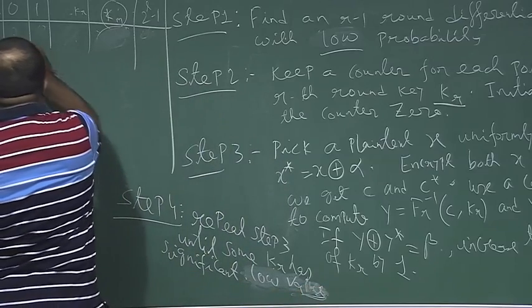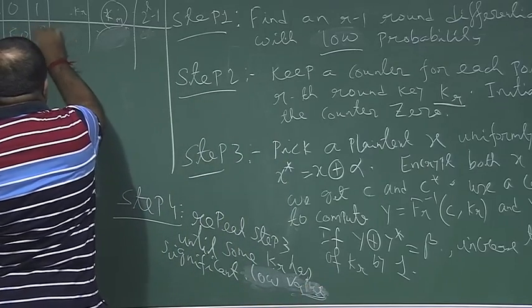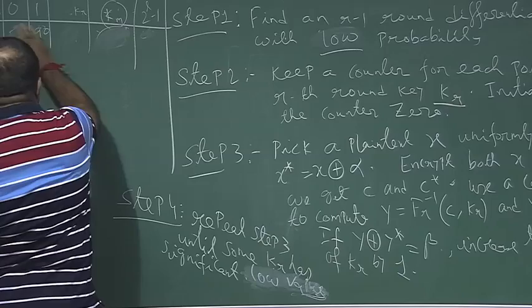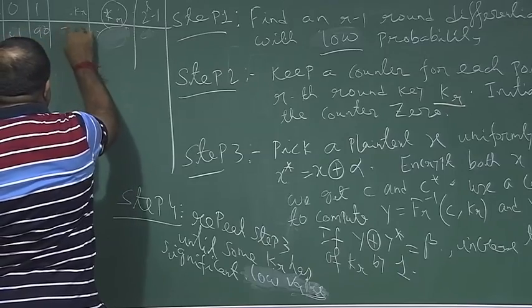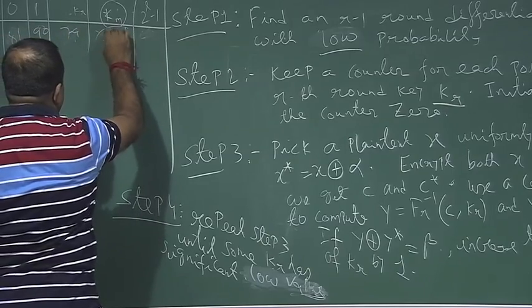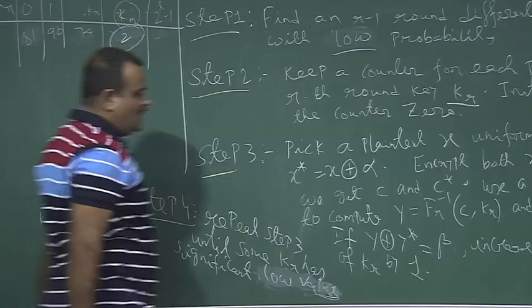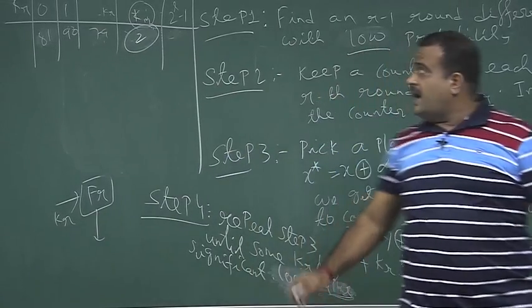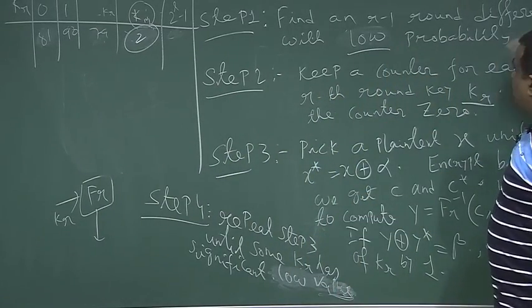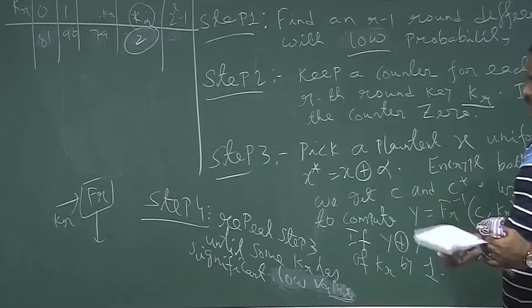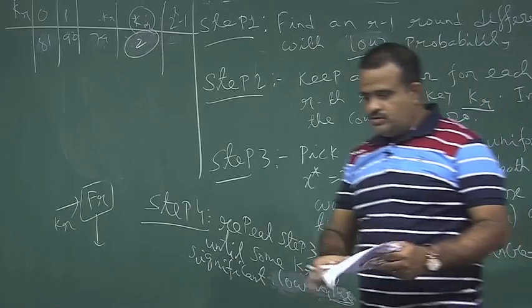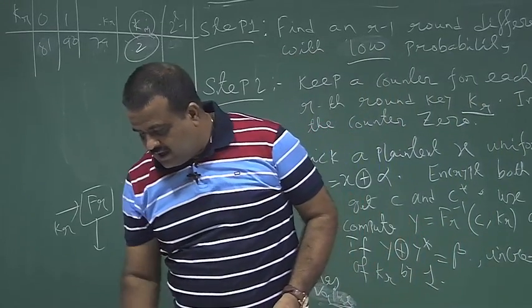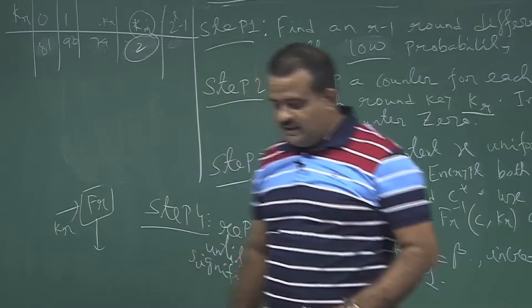So, say all the values are 50, 90, 81, 90, 79, and suddenly one value is 2. Then that 2 is the one, because we have this low probability for it. This is the version of impossible differential attack introduced by Biham in 1999.